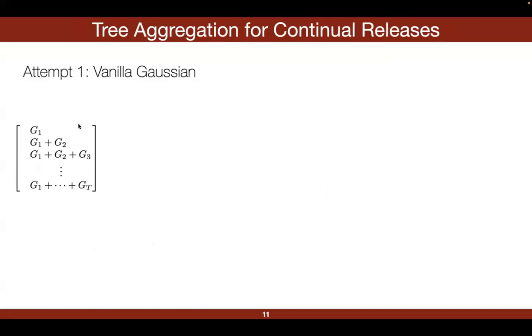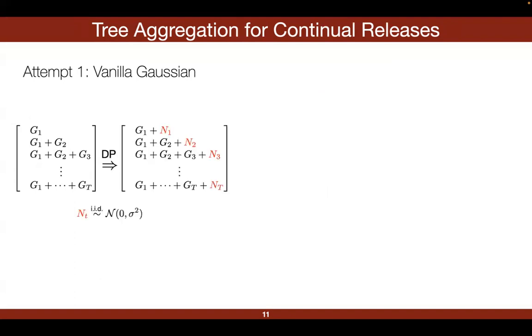Okay, so now our goal is to differentially privately release these prefix sums. The first attempt would be using the vanilla Gaussian mechanism. This is just like releasing a t-dimensional vector, so why not just add isotropic Gaussian noise? Well, if you do this, then you have to first analyze the sensitivity.